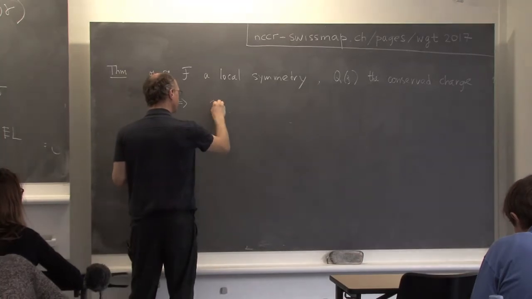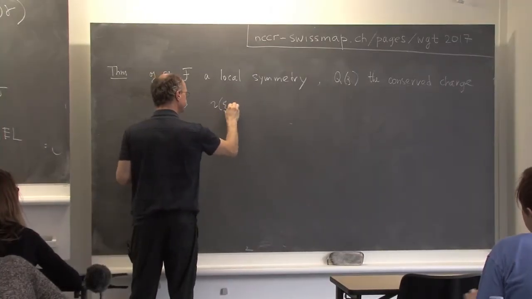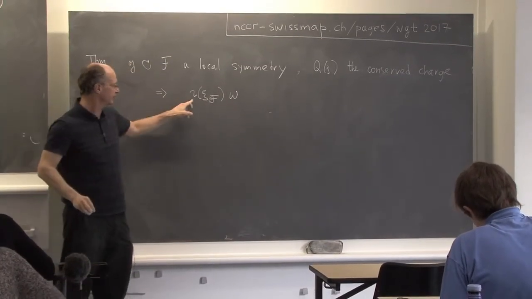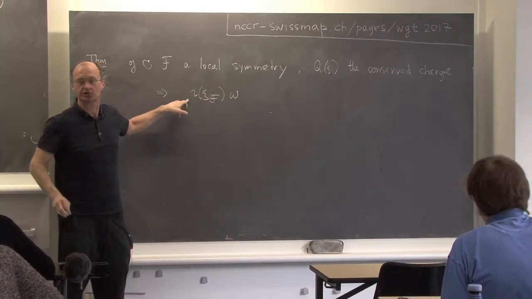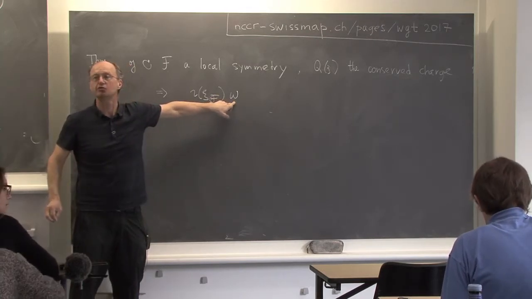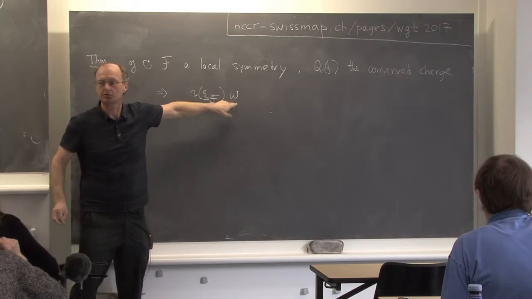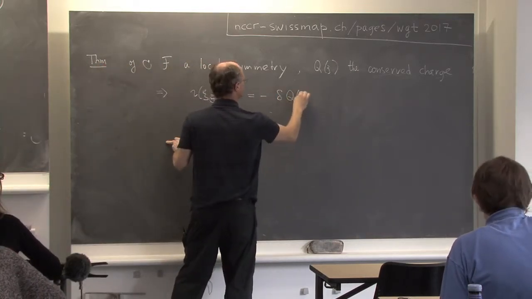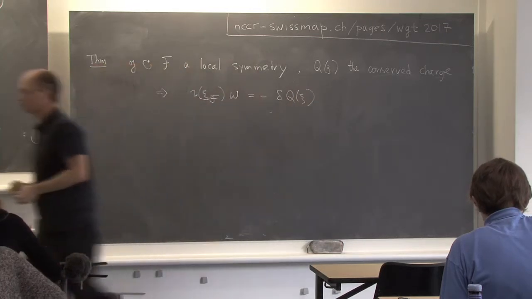Then there is the following formula. The contraction of the vector field iota psi F with omega, where omega was the 2 form defined on Sol EL, is equal to minus delta Q of psi.